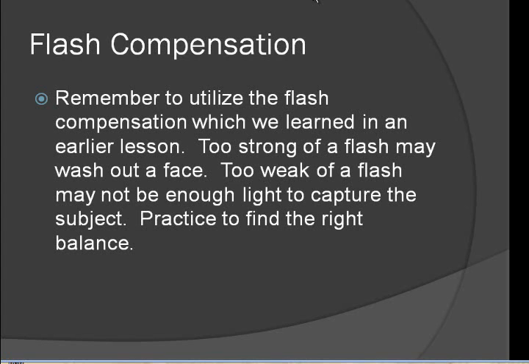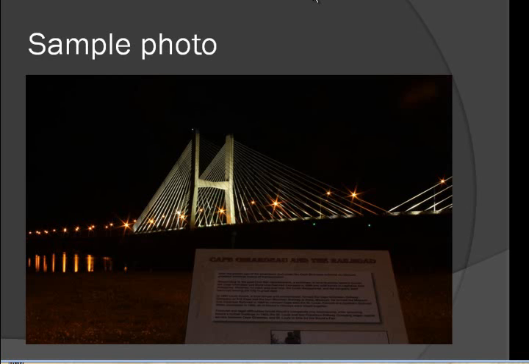And here is my sample photo. Now, I did not have any subjects available that were people when I was preparing for this lesson, so I found an object to give you an example of this. You see the sign here is in the foreground. Now, the sign could have been illuminated a little bit more.